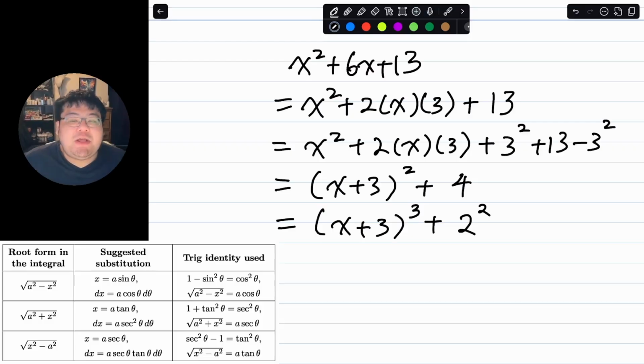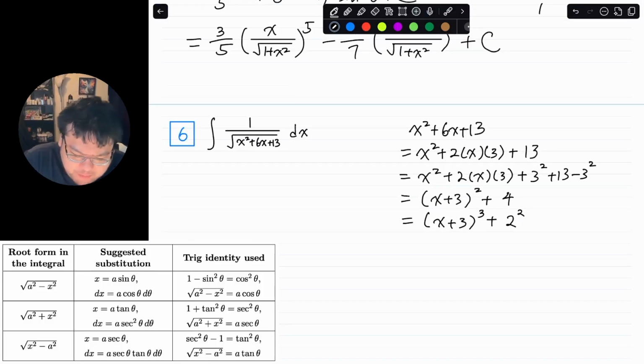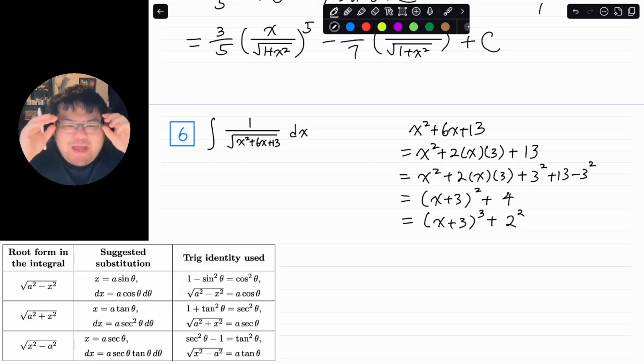Aha, see, now it looks like something in the table, which is the second one, but instead of x squared, we have x plus 3 square. So can we change the substitution a little bit so that we can still use a similar strategy? The answer is yes.